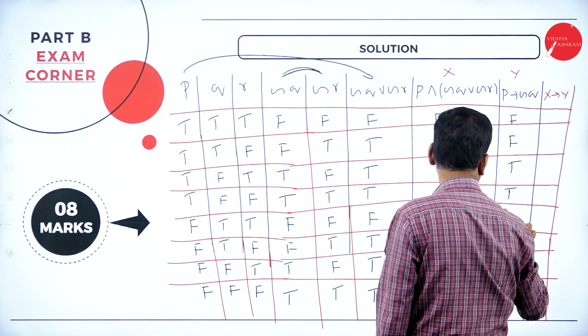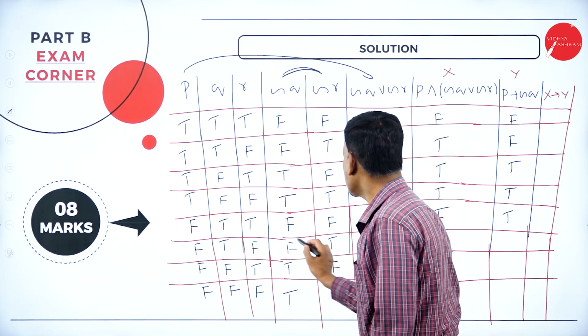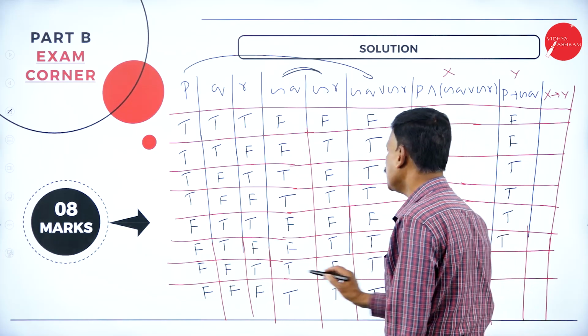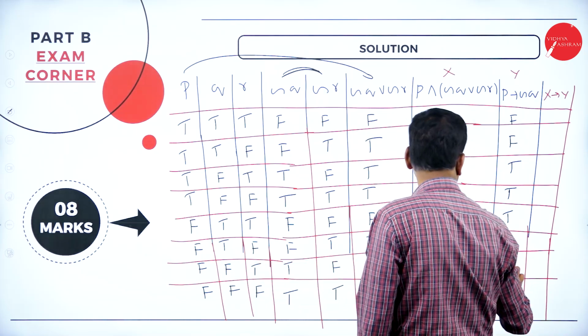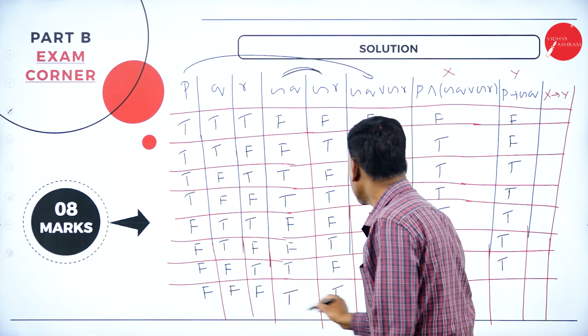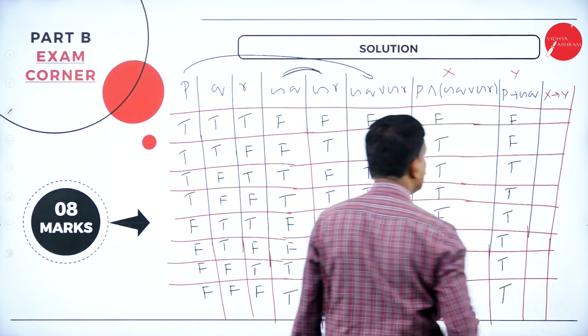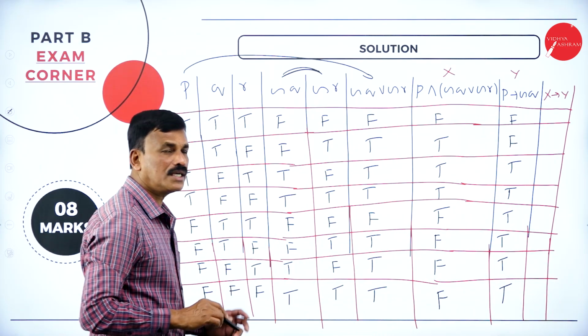False and false is also true. False and false is also true. Again, false and true is also true. And again, false and true is also true. This is the conditional for P and negation Q.